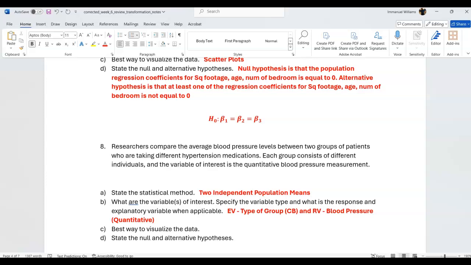The box plot is a good way to visualize this information.